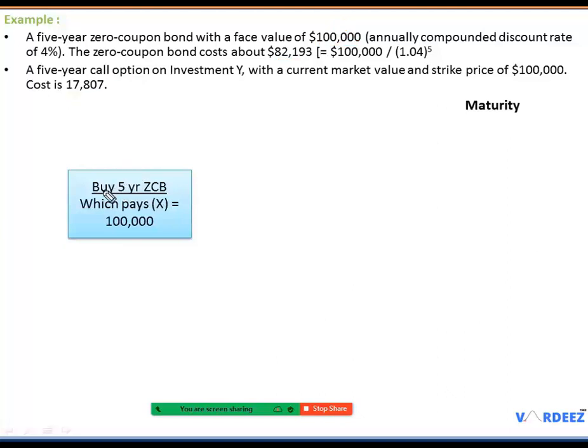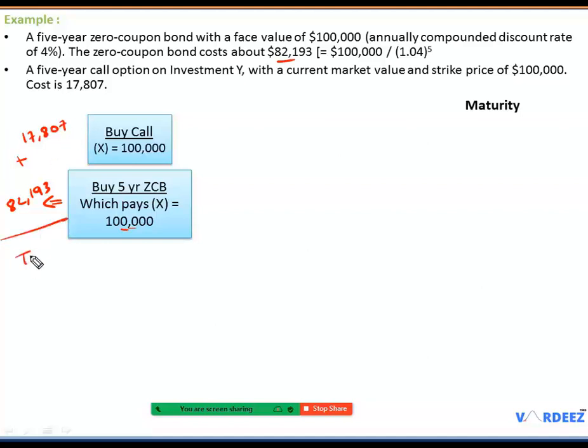So this is how it's going to look. We first buy a 5-year zero coupon bond, which pays X equal to 100,000. The cost for this is 82,193. And then with the money left out from this $100,000, we buy a call option, which actually costs us 17,807.